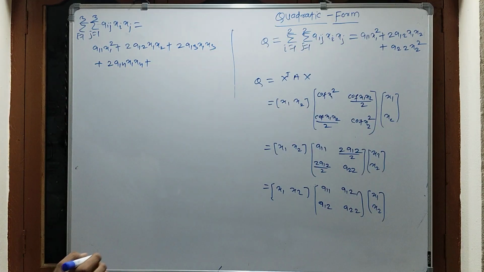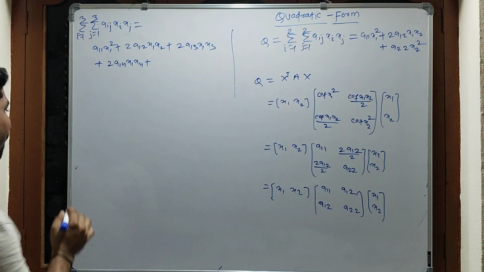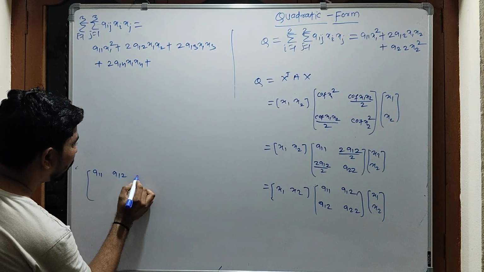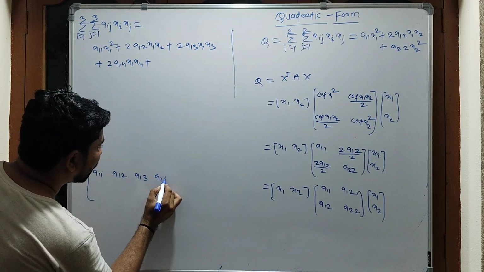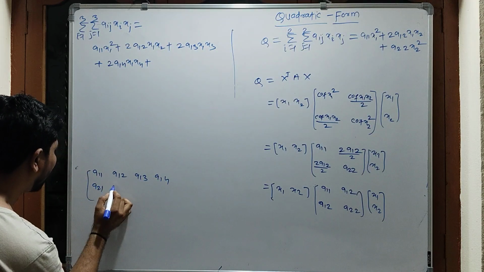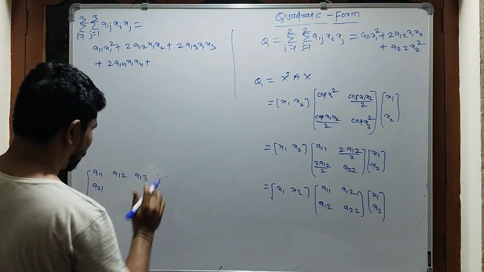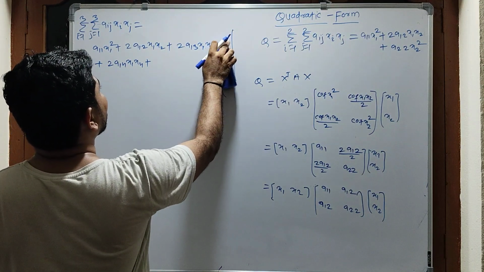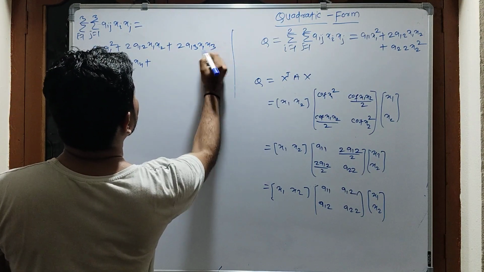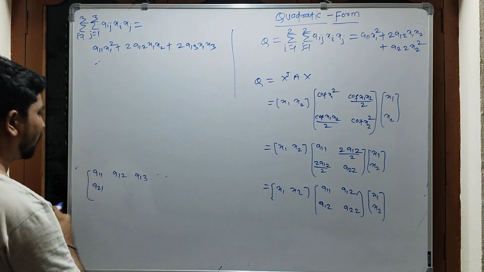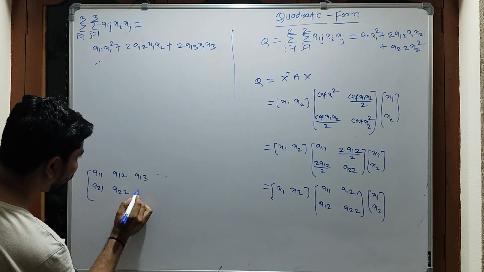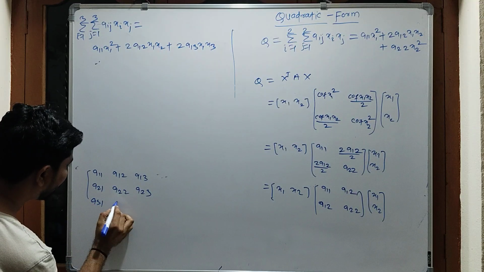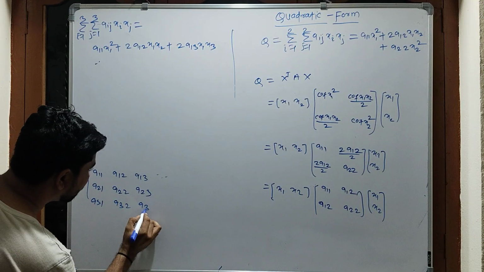Now corresponding to the first row, the format is a11 a12 a13, sorry, we are writing for 3 variables. So a13, then a21 a22 a23, a31 a32 a33.